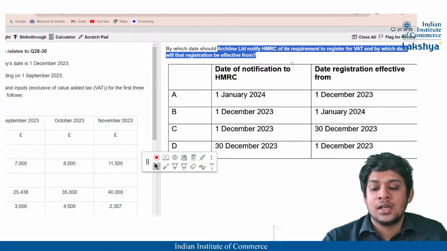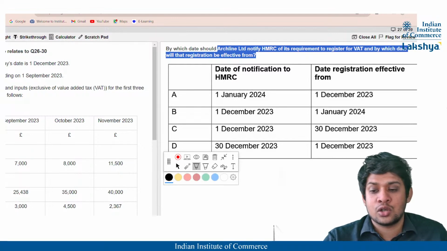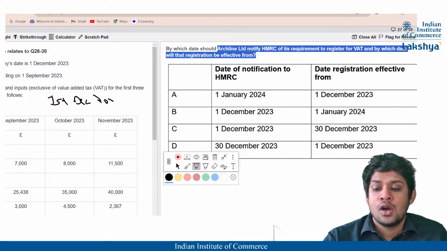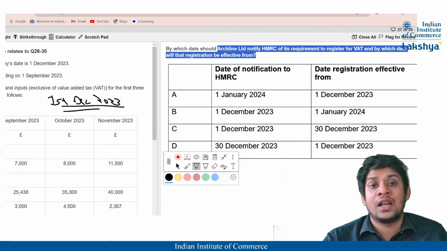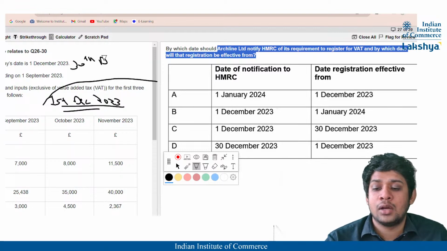So as I told you guys, for the months of September, October, November, they are not exceeding the threshold of 85,000. They are exceeding it on 1st December itself because they are making a very big sale on 1st December itself, which is 1,20,000 pounds here, right? So they should voluntarily notify HMRC about it by the month end, that is by 30th December 2023.